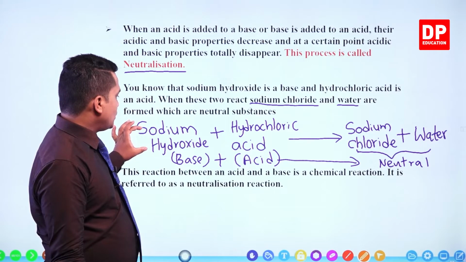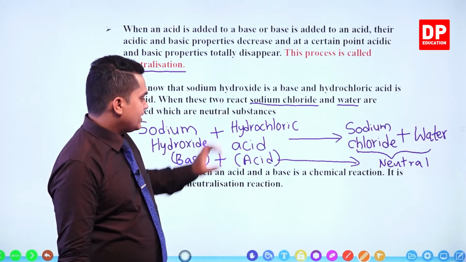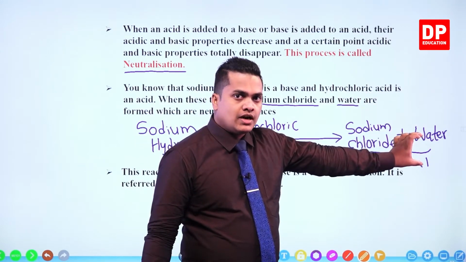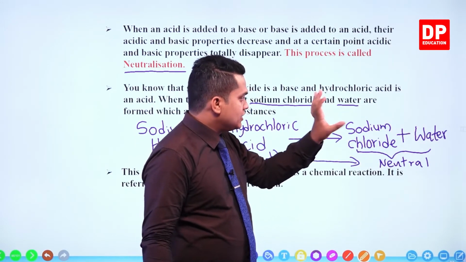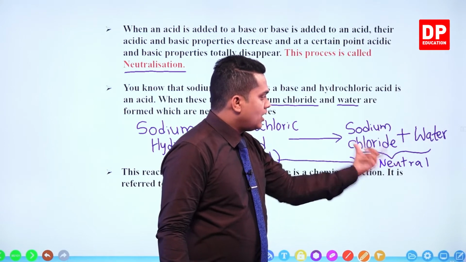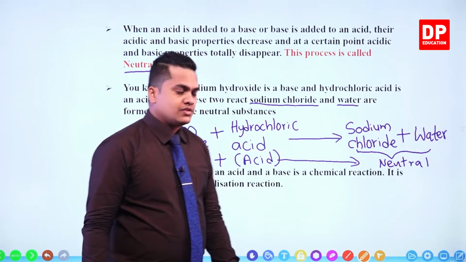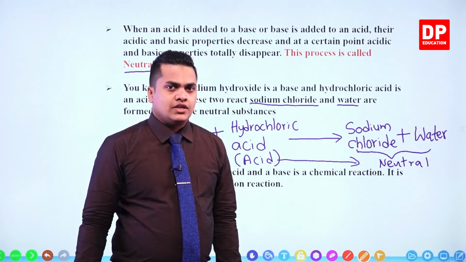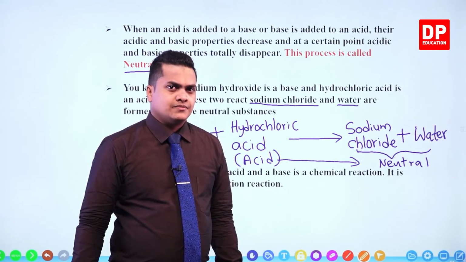So when you react sodium hydroxide with hydrochloric acid, base with an acid, sodium chloride and water are the products which are getting created. Sodium chloride and water are neutral substances. So acid plus base is getting converted into neutral substances.